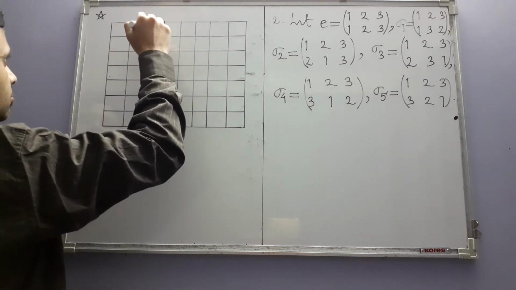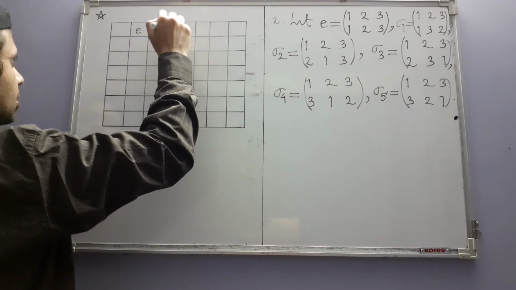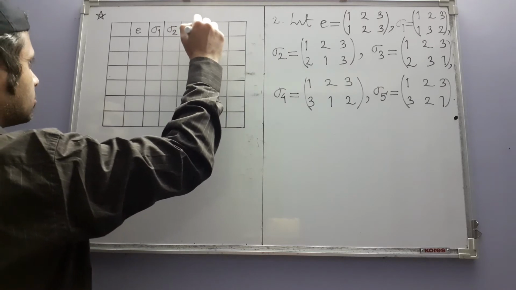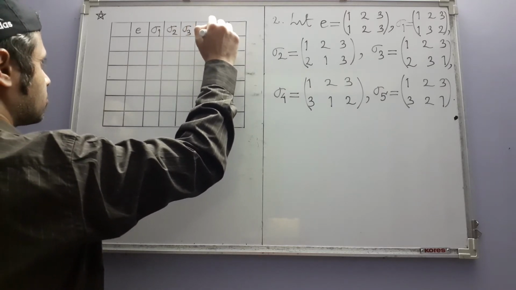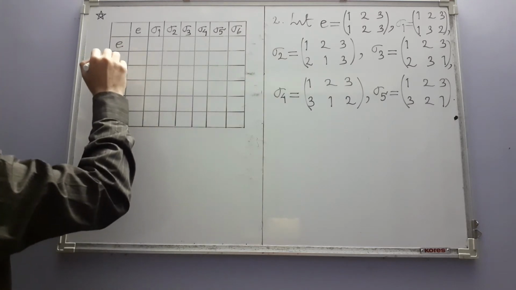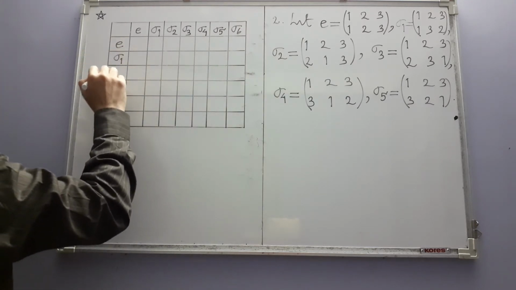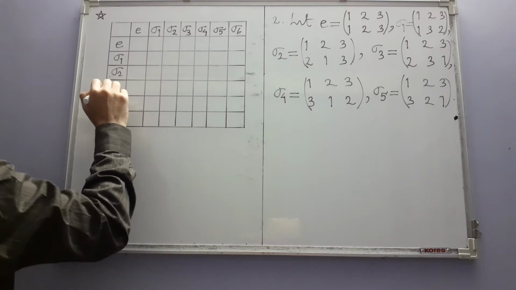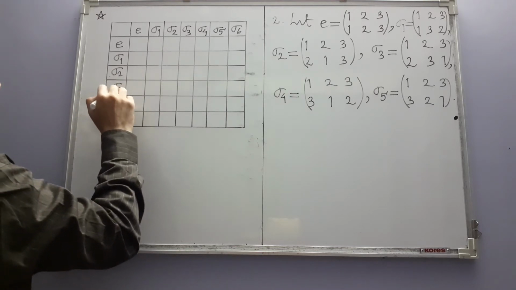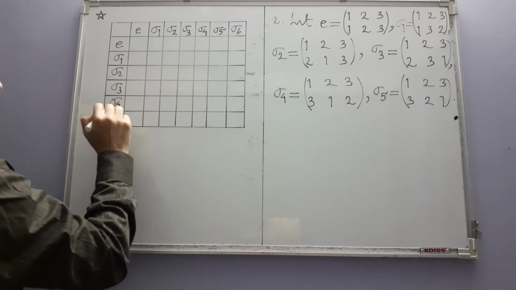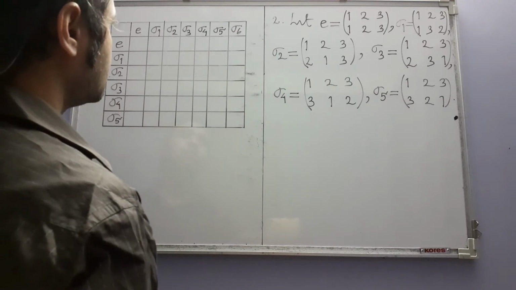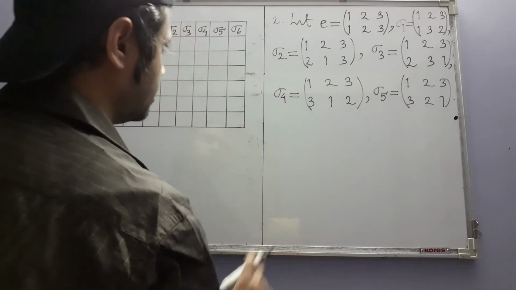E, sigma 1, sigma 2, 3, 4, 5, 6. We need one more, no? Okay, what have I done?